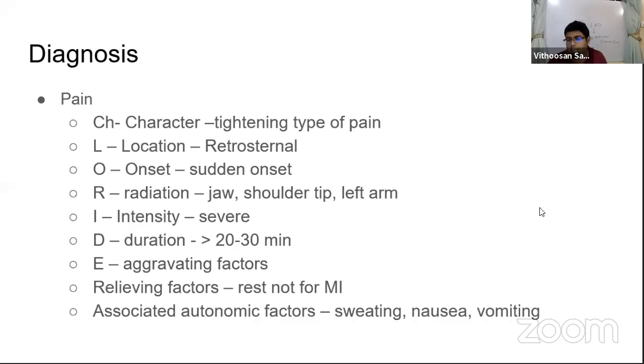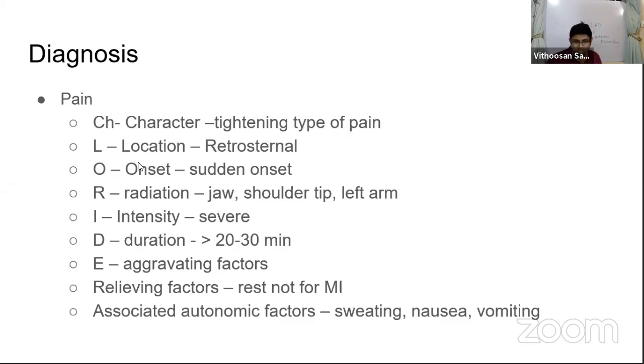Here the pain will be there. What are the other things they have? Associated factors can be sweating, nausea, vomiting. Not only that, they can even have diarrhea.